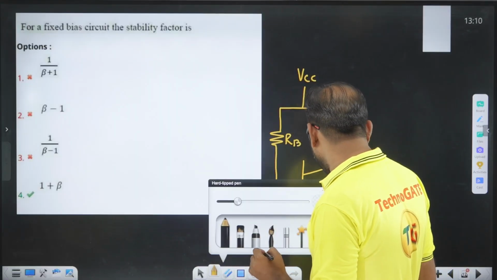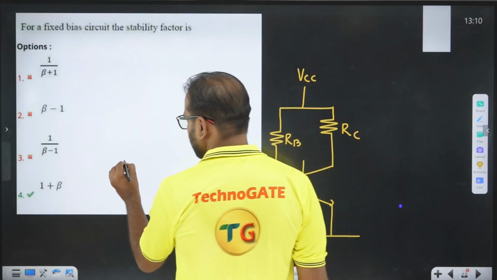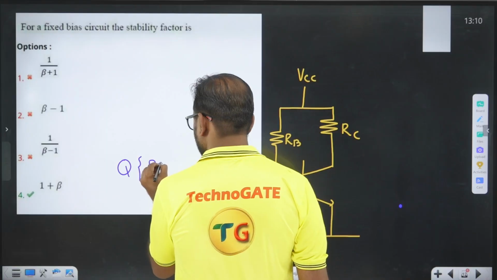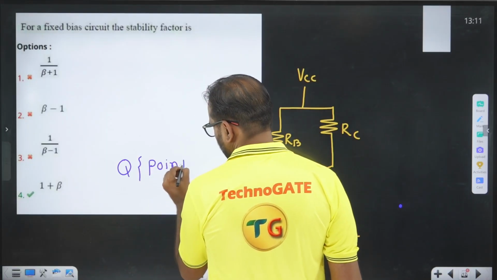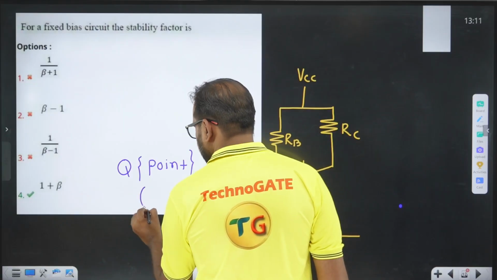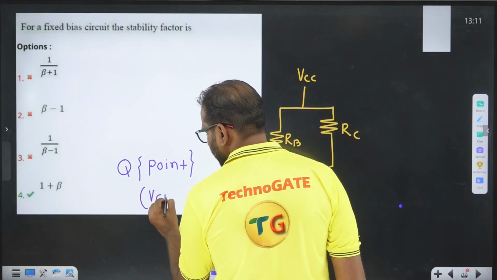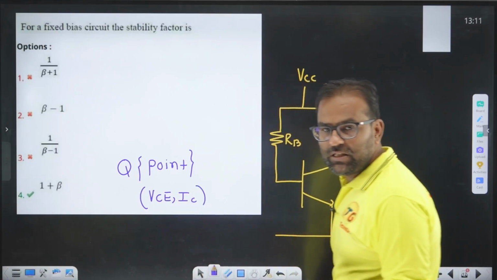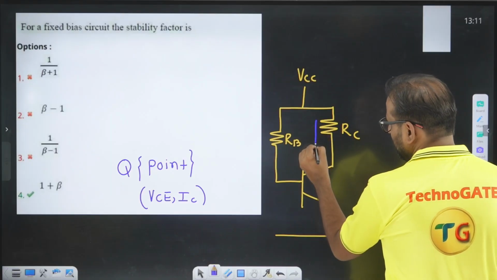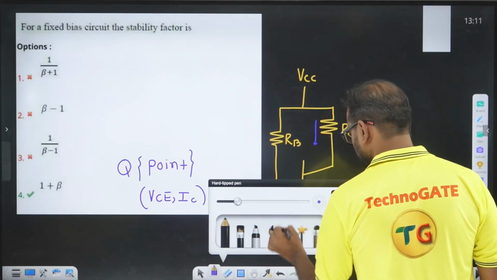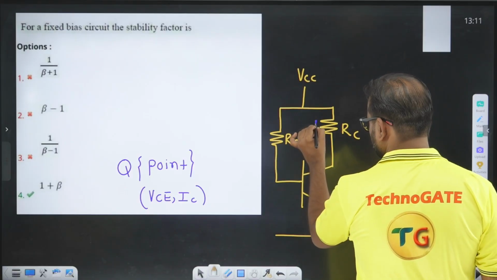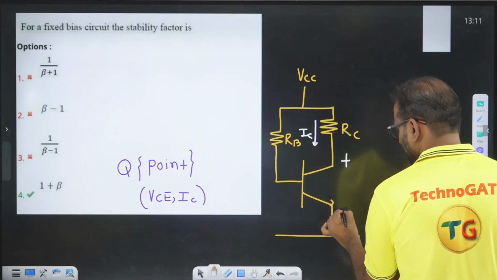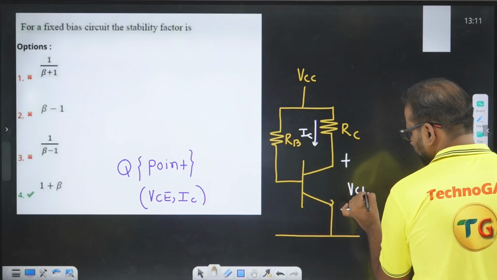So why do we do biasing? The biasing is done to maintain the Q point. What is the Q point? Q point is maintaining the value of VCE and IC. Always remember this current is IC and this potential is known as VCE.